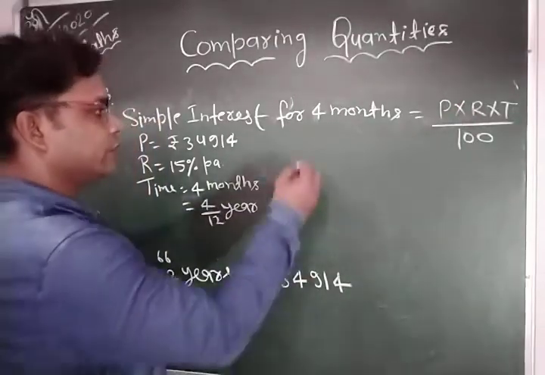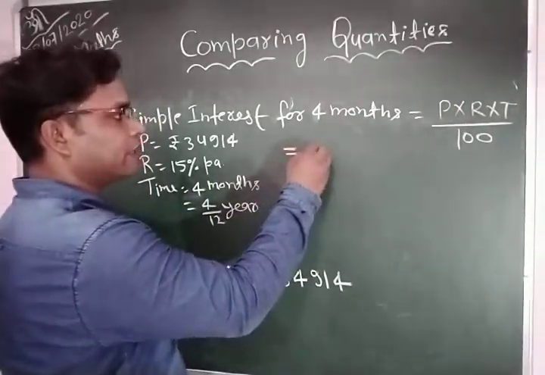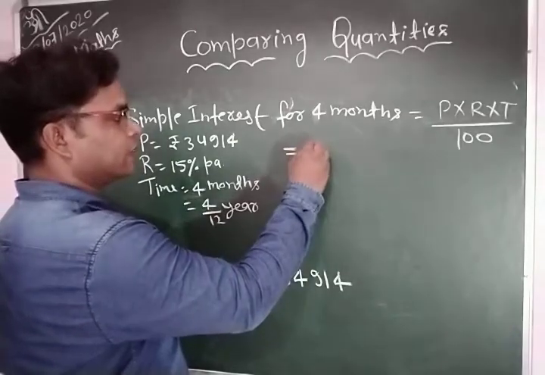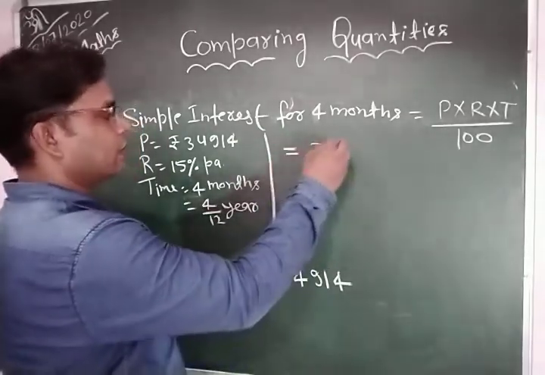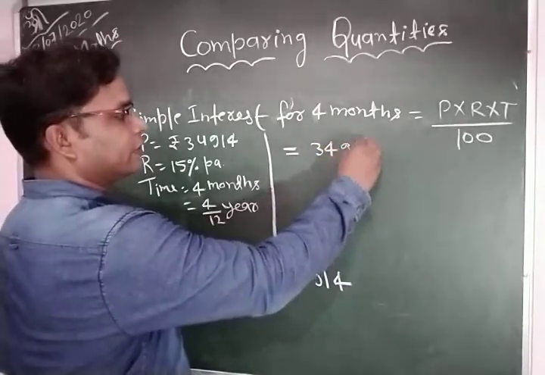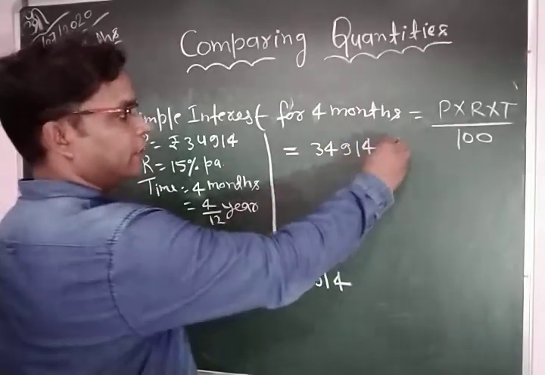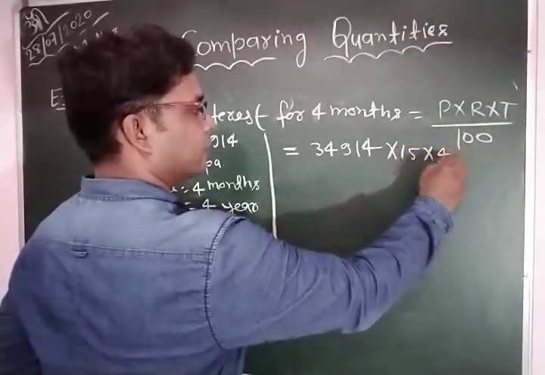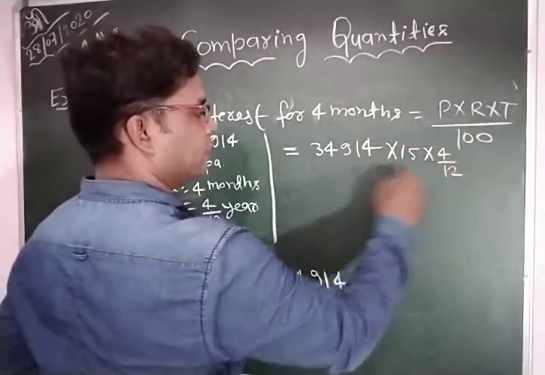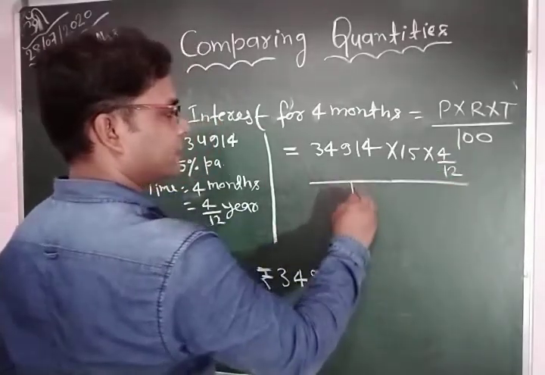Okay. So this is equal to, the principal is 34,914, into the rate 15%, into the time 4 by 12, all divided by 100.